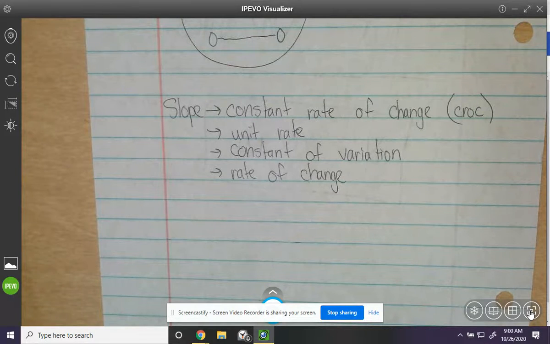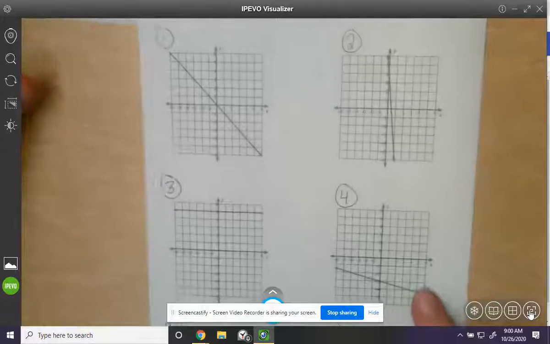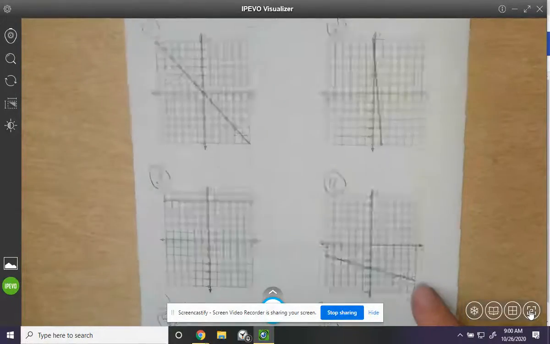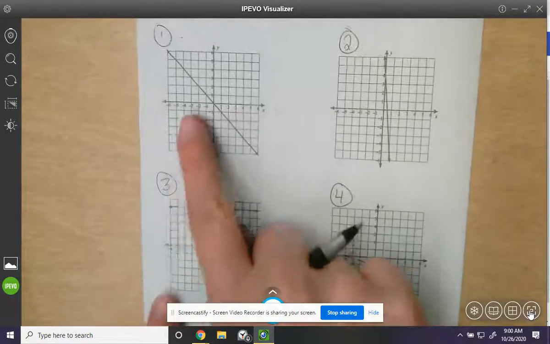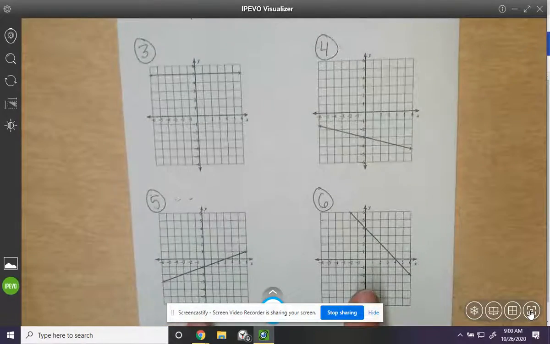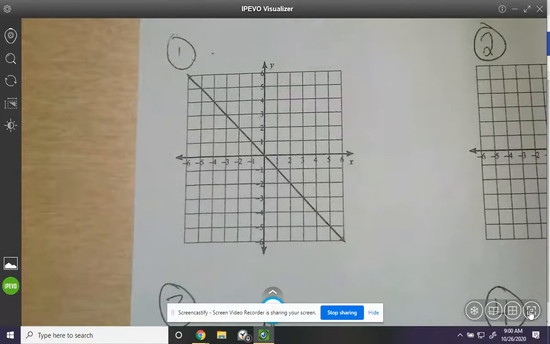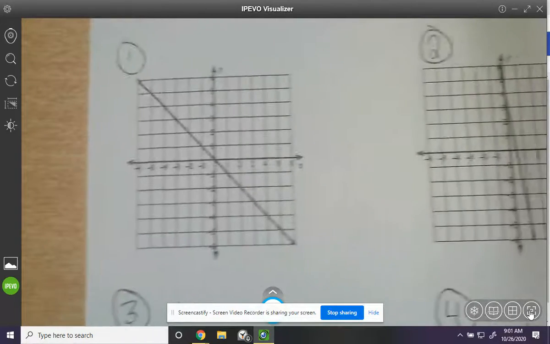Okay. So now, those of you at home do not have this, but this is our little handout. These are what we're going to be practicing on today. So I want you to go through 1 through 6 and tell me if these slopes are positive or negative. Okay, so I'm going to zoom in on here one at a time so you can go through positive or negative.